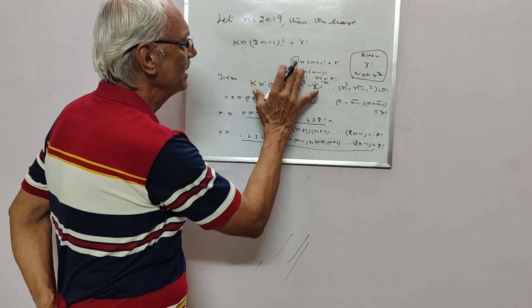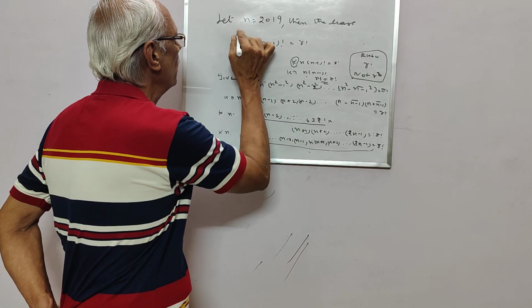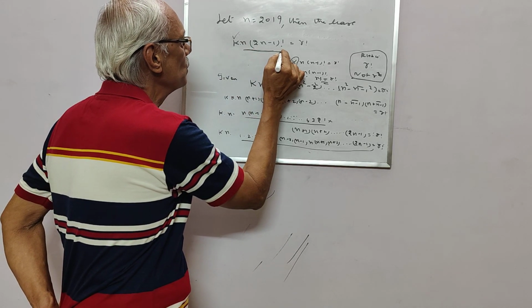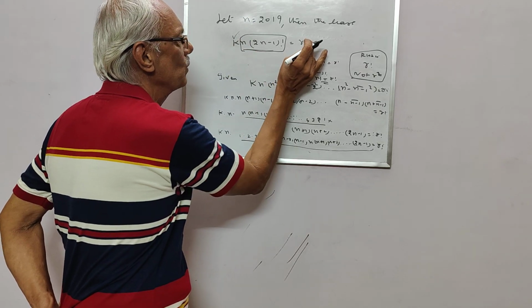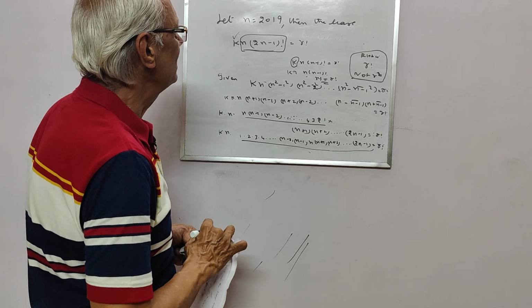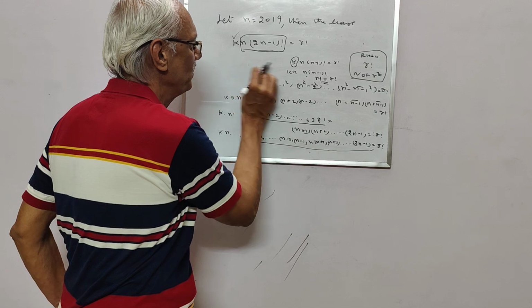So keep this example. Here you must decide what value you will give for k, so that these two combined is a factorial, equal to r factorial. It is very obvious that this n value doesn't make a big difference here.